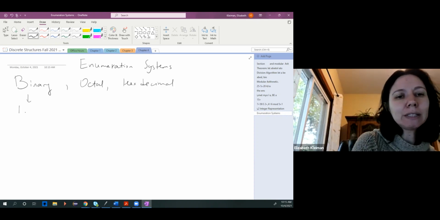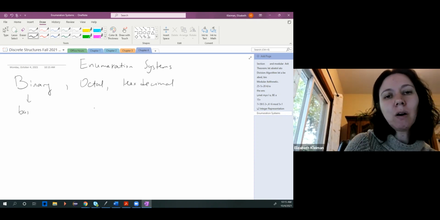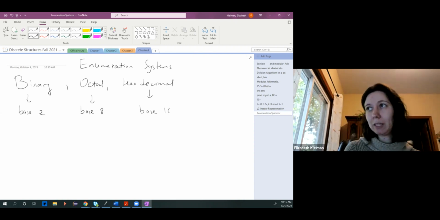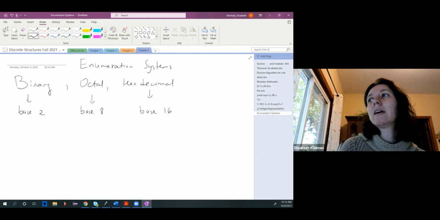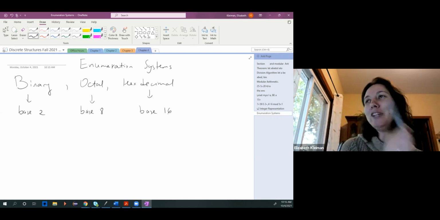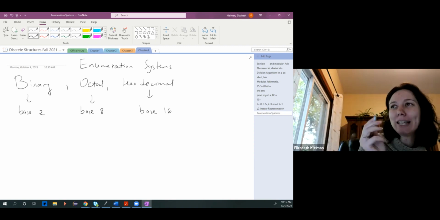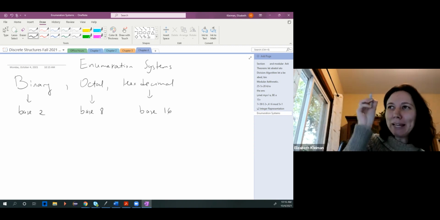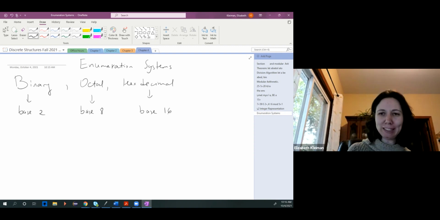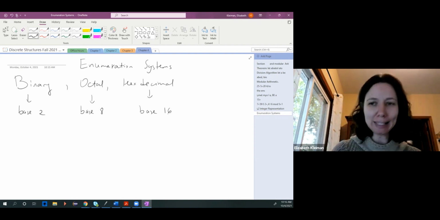Binary numbers are base 2, octal numbers are base 8, and hexadecimal numbers are base 16. Yes, Zach, you're right. This is exactly how we convert between bases. We represent numbers as different bases to the different powers and how many times it fits in. And you're going to see it in a second.